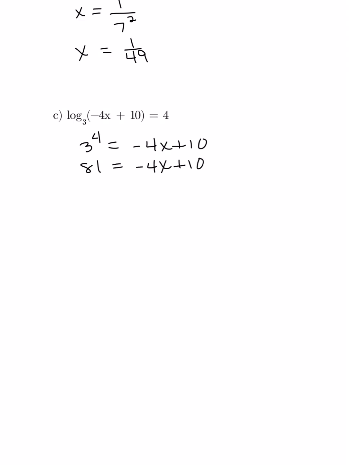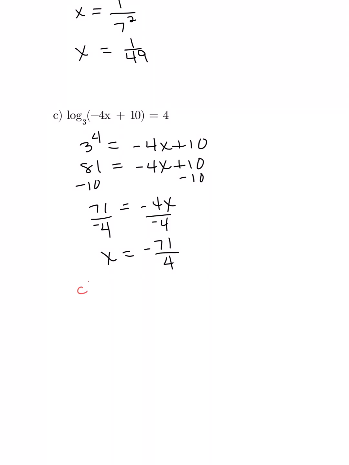So now we have a simple algebraic equation to solve. We're going to subtract 10 on both sides, and we will get 71 equals -4x. Divide by -4, we get x equals -71 over 4.